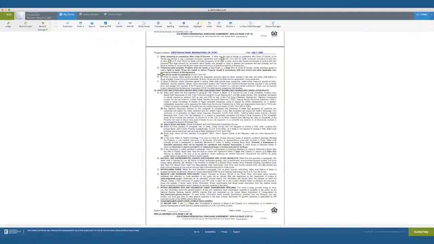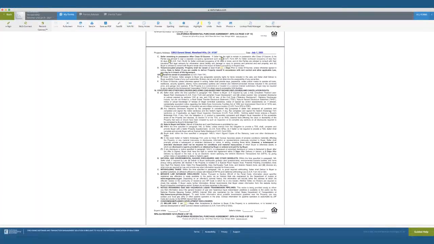There are certain statutory disclosures that have to be made. Number one, when I say statutory, that means it's the law. So many people say, well, the seller, he doesn't want to fill out a TDS. He's just not going to do it. It's the law. He has to, unless he's exempt.